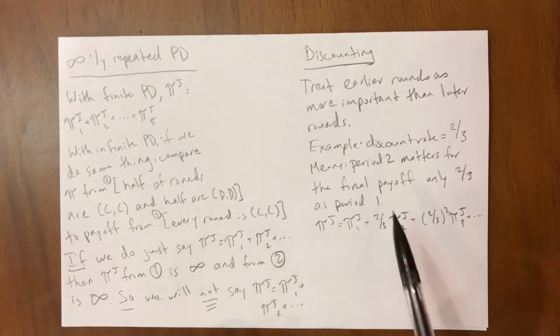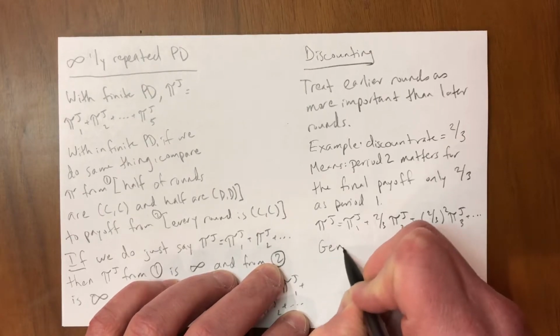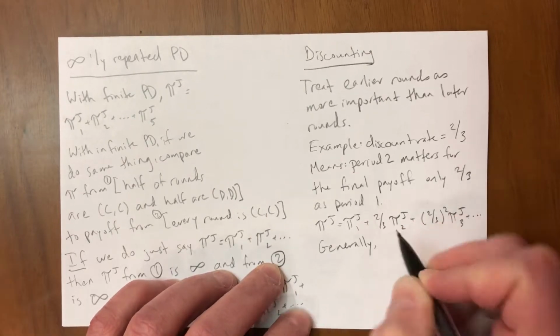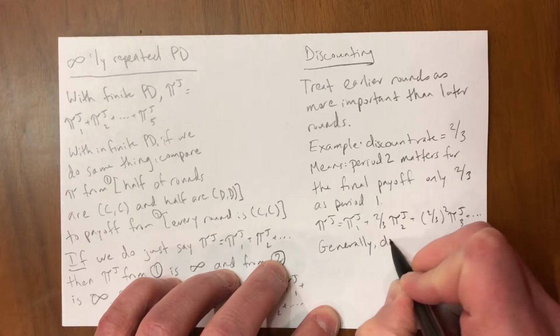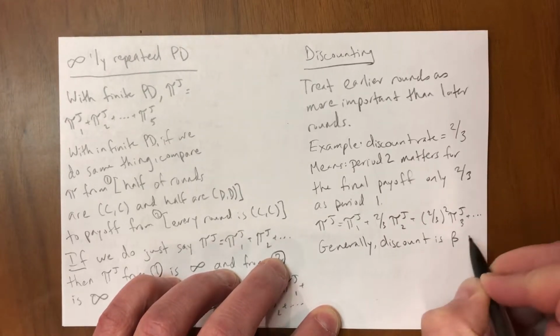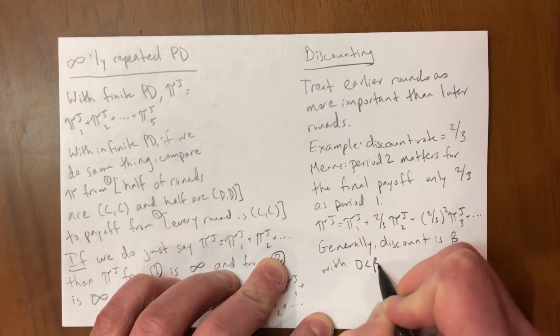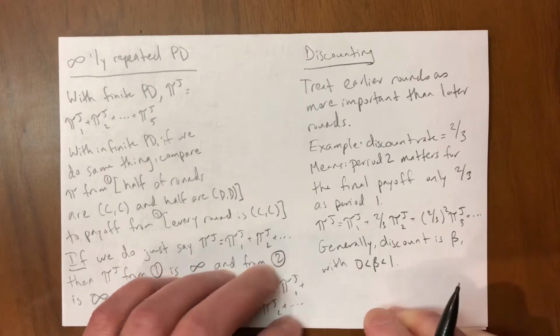And then of course this was just an example of a discount rate. More generally, the discount rate is beta, with 0 less than beta less than 1.